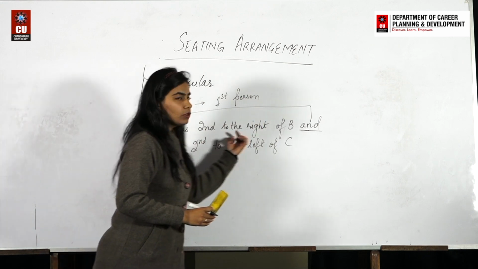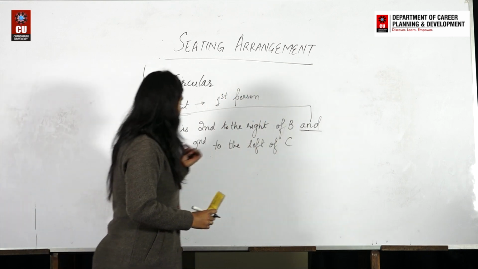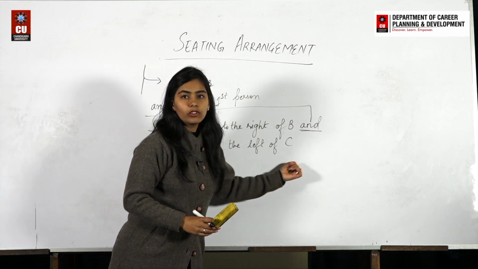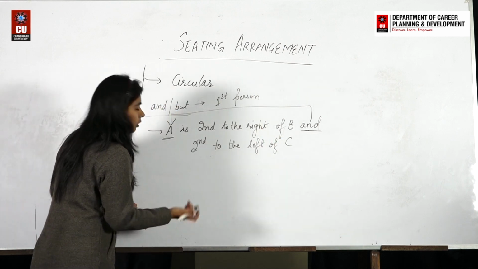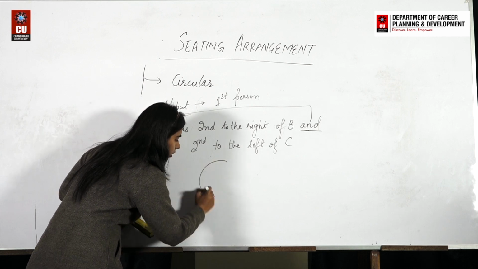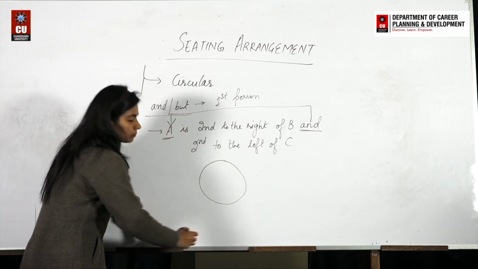A is second to the right of B, A is second to the left of C. We will arrange these three persons on a circular table.